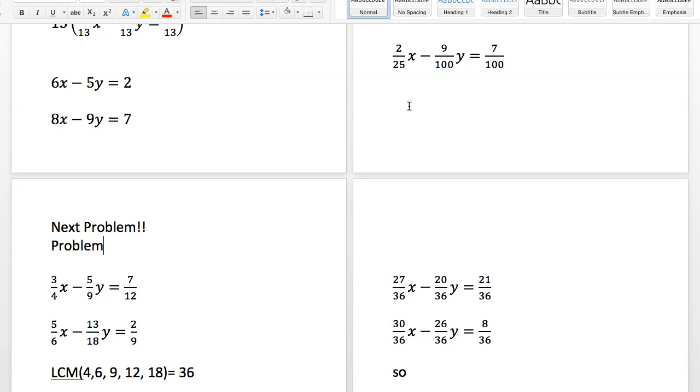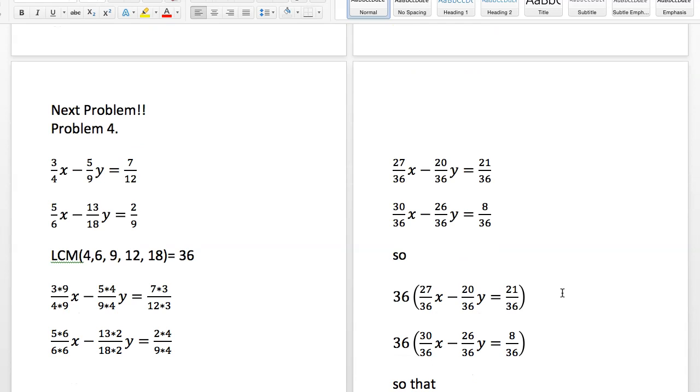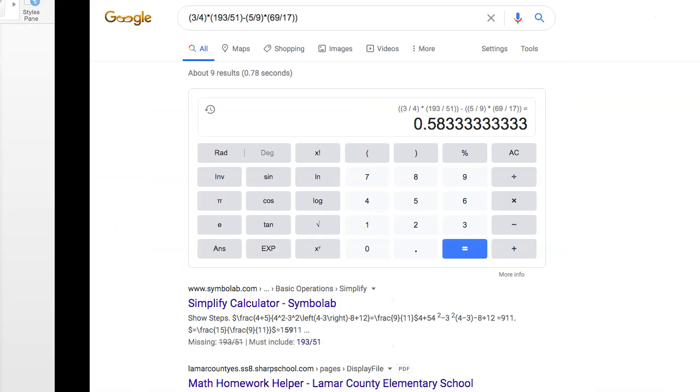I'll call this problem 4. So, 7 over 12, is that right? 7 over 12. So I got, yes, 7 over 12, 3/4 x minus 5/9 y equals 7 over 12.